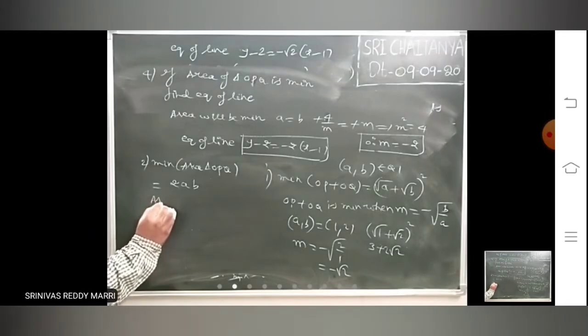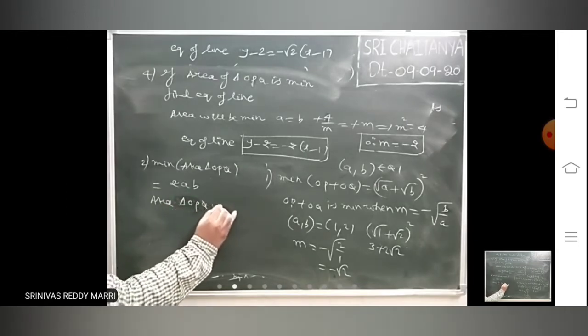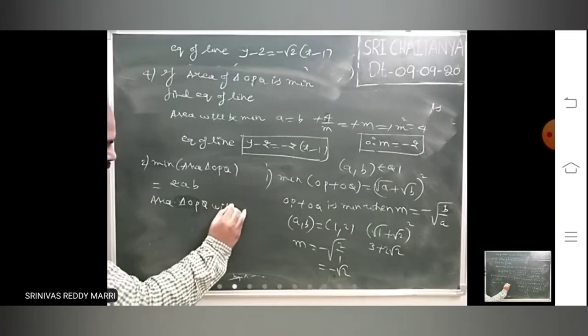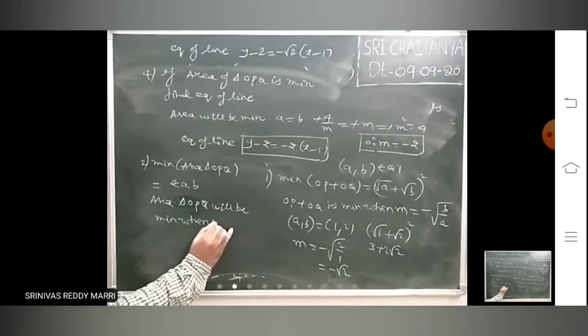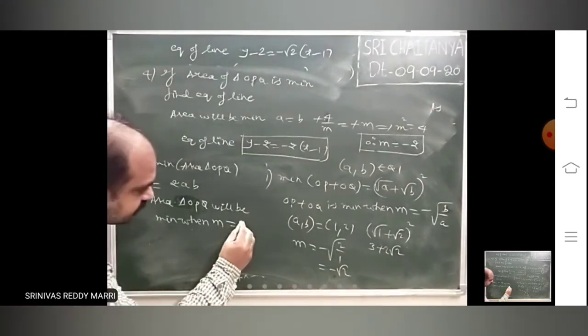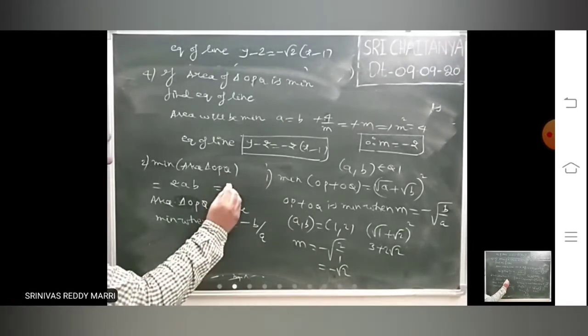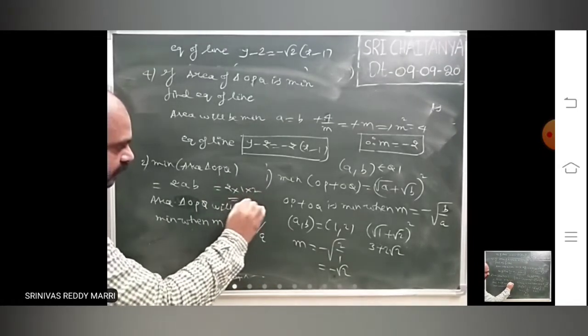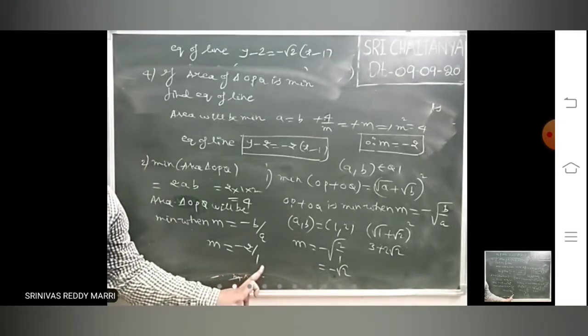Area will be minimum when M equals to minus B by A. Look at here. So you got 2 into 1 into 2, that is 4. So when it will be minimum, minus B by A, minus 2 by 1. This only you got in the previous question.